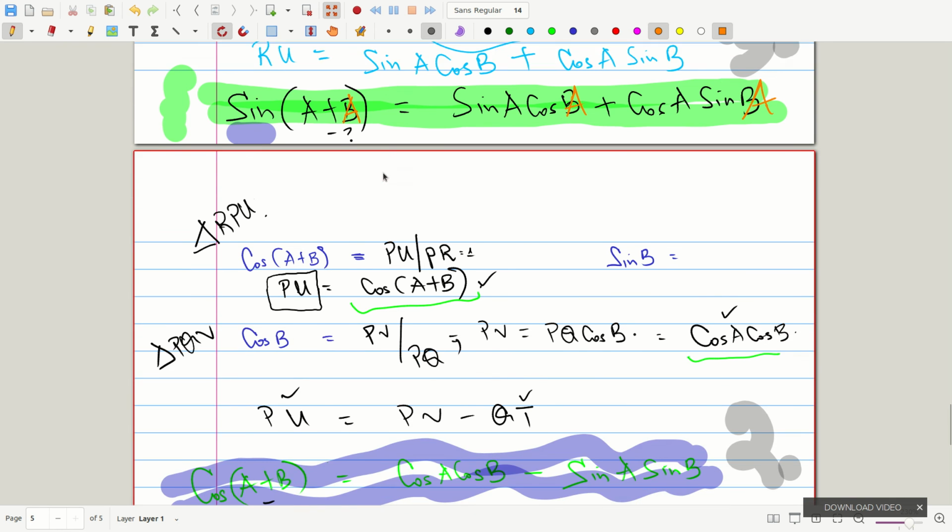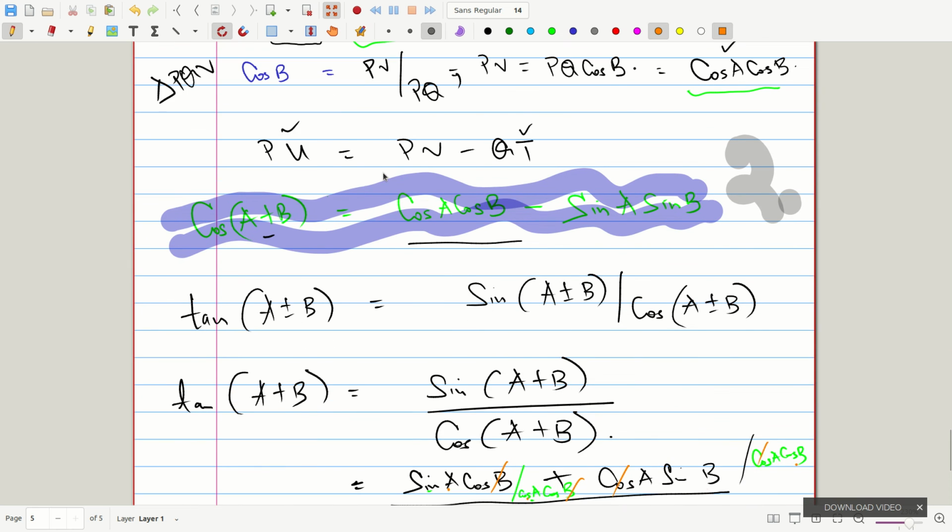And what about for the cosine here? If this is A, then cos 2A should be equal to cos squared A minus sin squared A, remembering we're making the substitution A equals B.